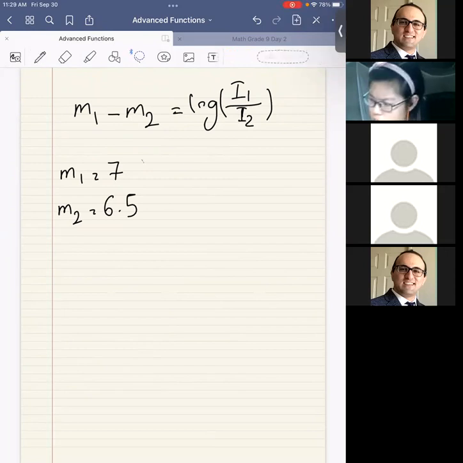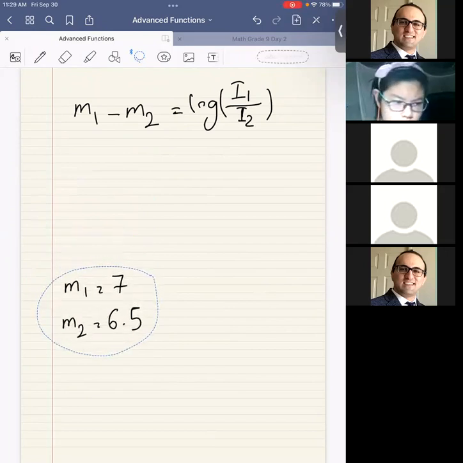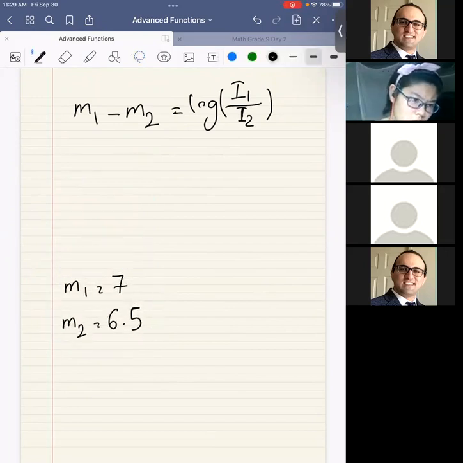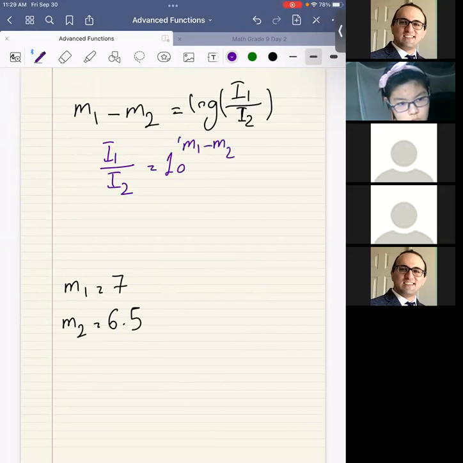And by the way, before we get to this, you should always remember that this is the logarithmic equation. We also have the exponential equation. Can you tell me what is the exponential equation that is equivalent to this equation? You can say that I1 over I2 is equal to 10 to the power M1 minus M2, right?